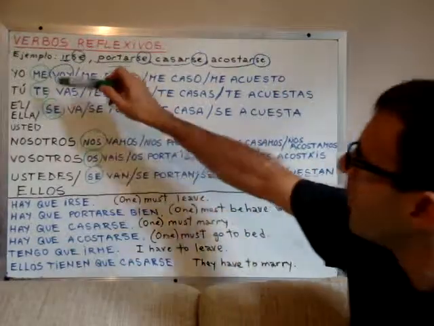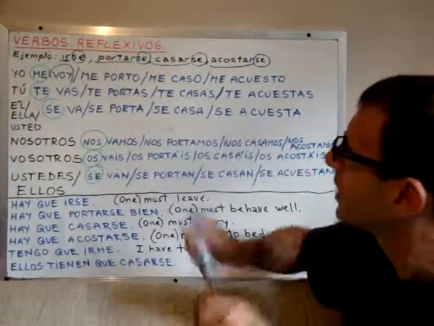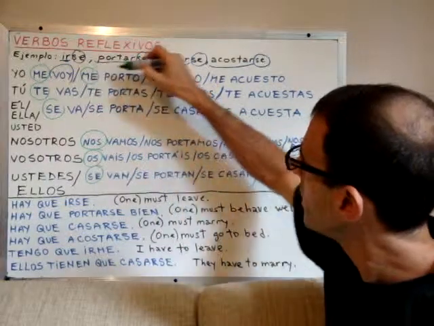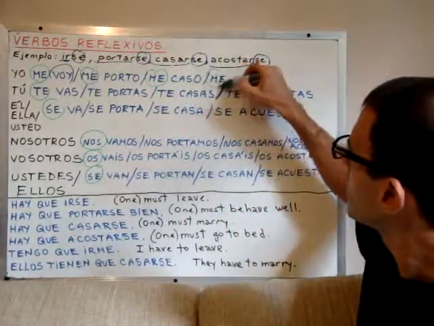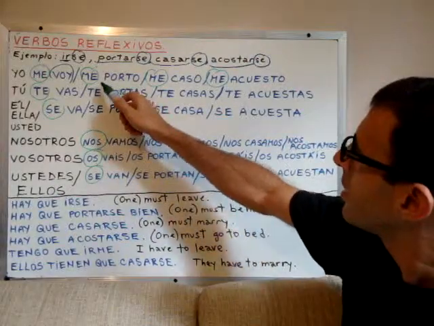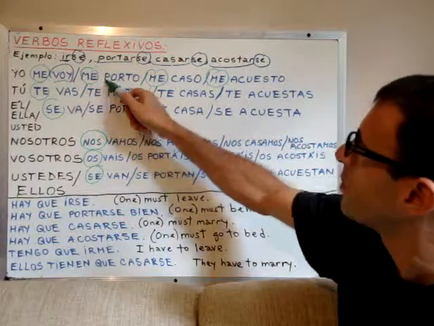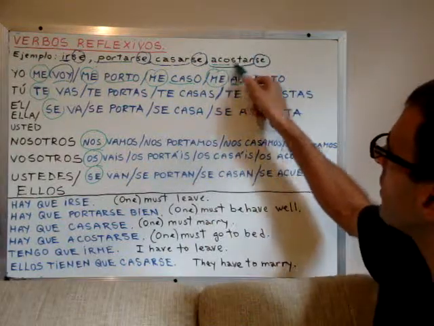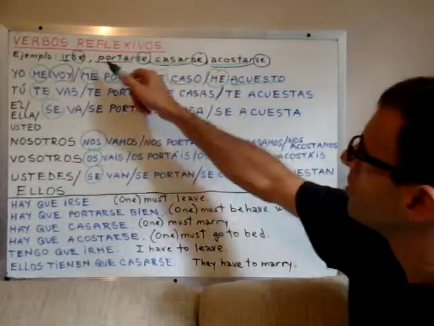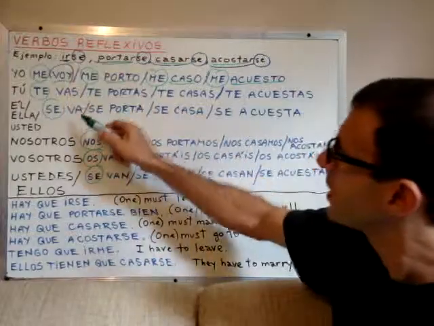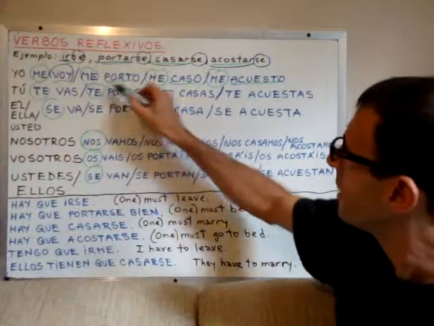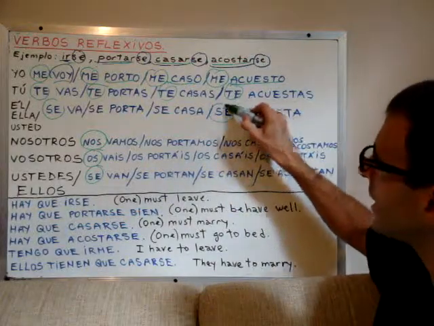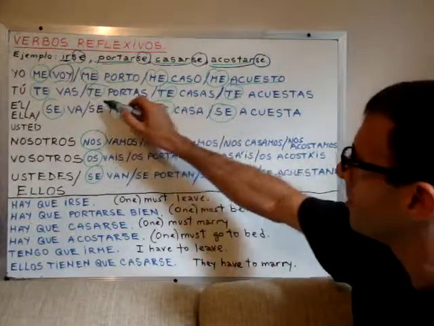So you can see how this works. For I, it is me, and then the reflexive verb in present tense, or whatever tense you want to conjugate it. For tú, the te. For él, ella, or usted, se.